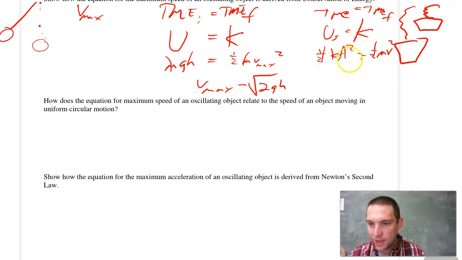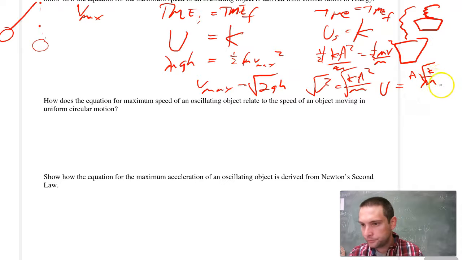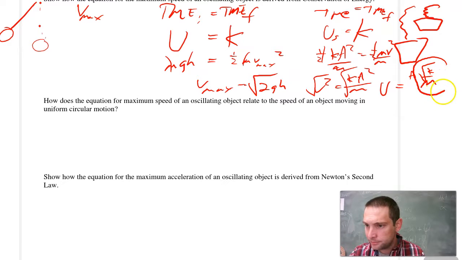We don't have mass on both sides, so we can't just cancel out mass. Instead, we're going to divide by mass on each side, and we get v squared equals ka squared over m. And when you take the square root of that, you get v equals a times square root k over m.